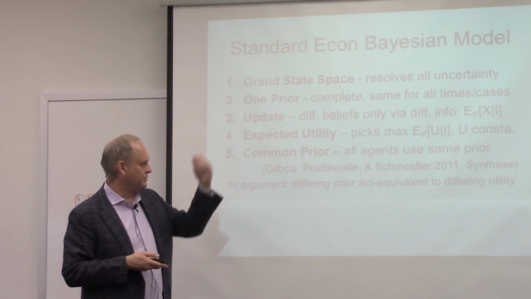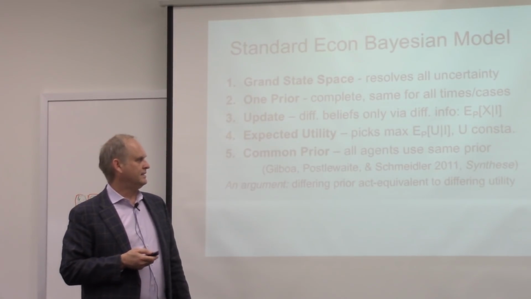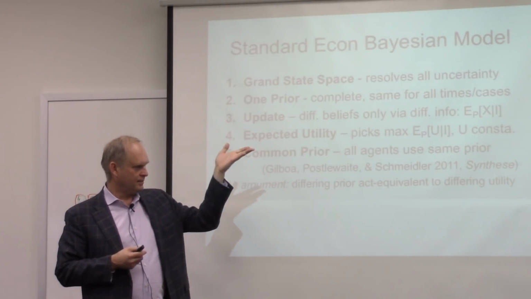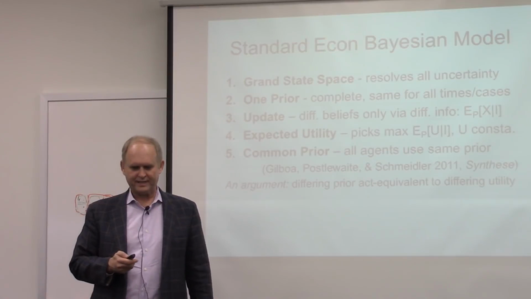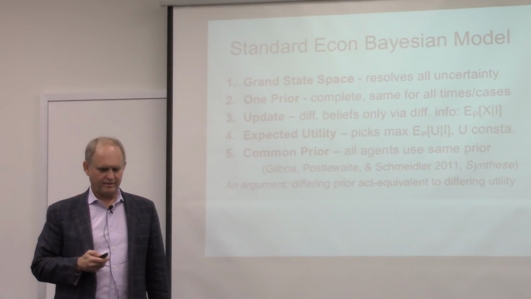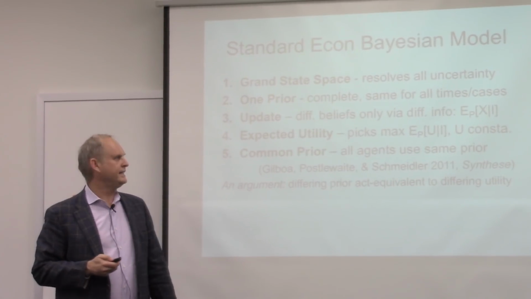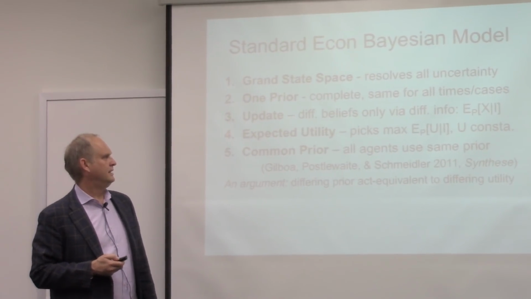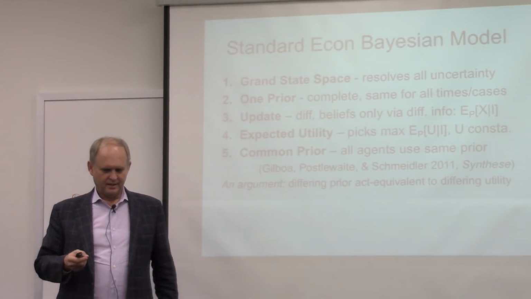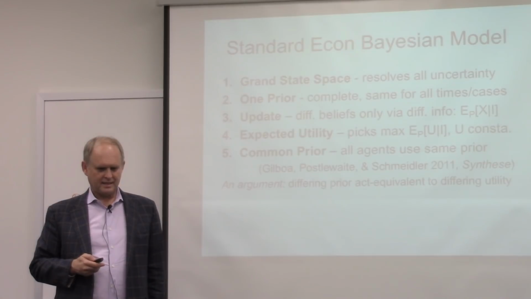Your beliefs come only through the standard conditional expectation, by which you estimate any random variable using your prior, conditioning on your information set. And so the information set contains everything you need to know about what people think. People make choices to maximize expected utility, which is this random variable across the whole state space.